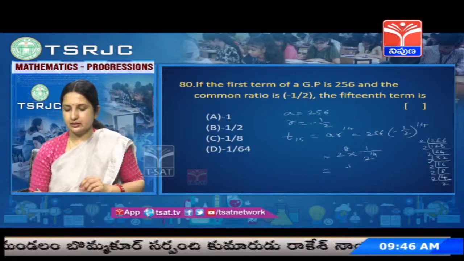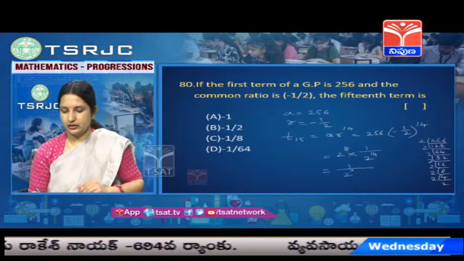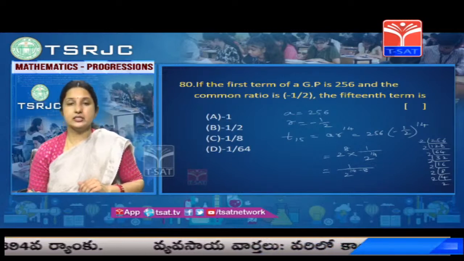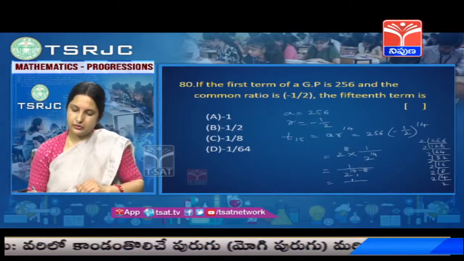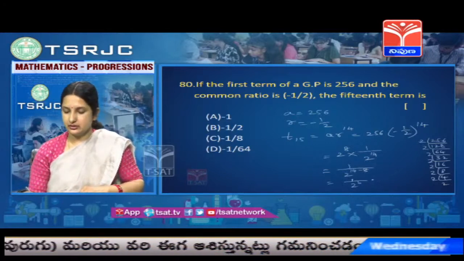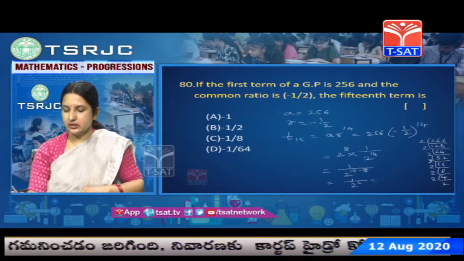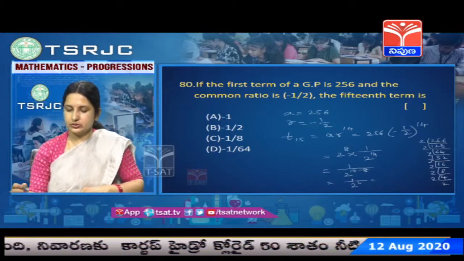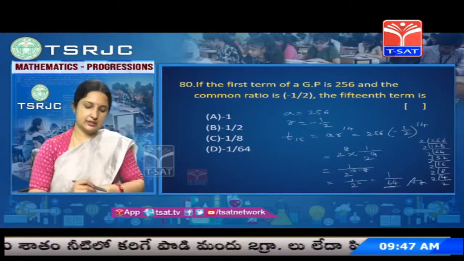This is same as a power m by a power n, so a power m minus n we can write, no? In the denominator we will write. So 1 by 2 power 14 minus 8 is 6. So 2 power 6, which is 64. 1 by 64 is the answer.